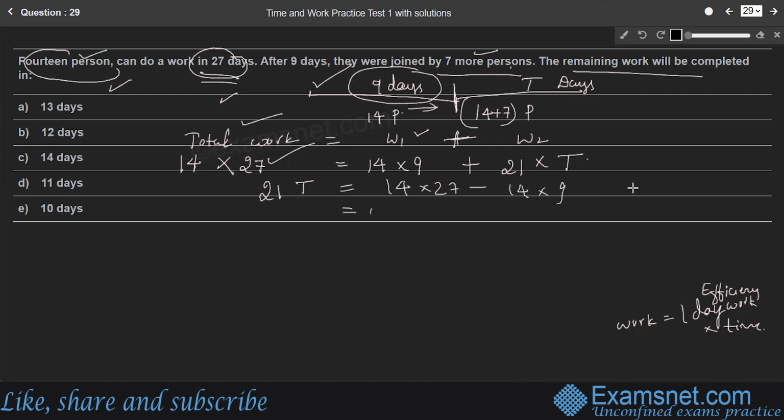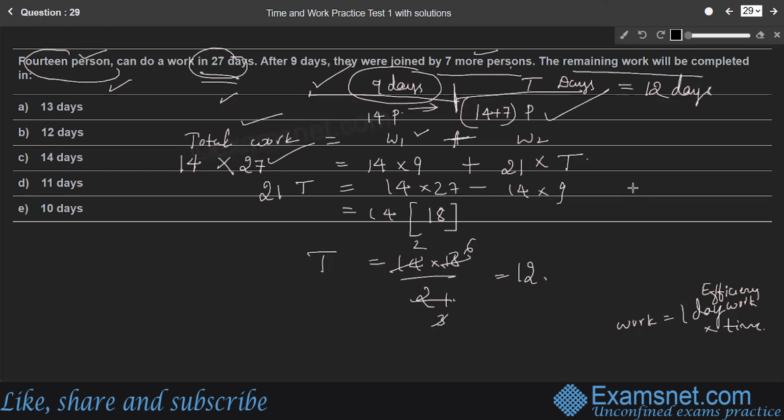Since 14 is common here, it's 14 into 27 minus 9, which is 18. 14 into 18. Therefore, T is equal to 14 into 18 by 21. So 7 into 2, 7 into 3, 3 into 6 is 18. Therefore, in the second part of the work, they take T, which is 12 days.